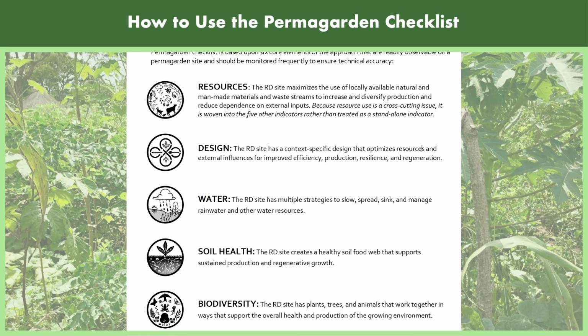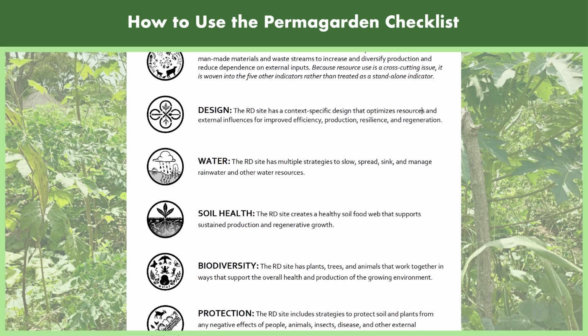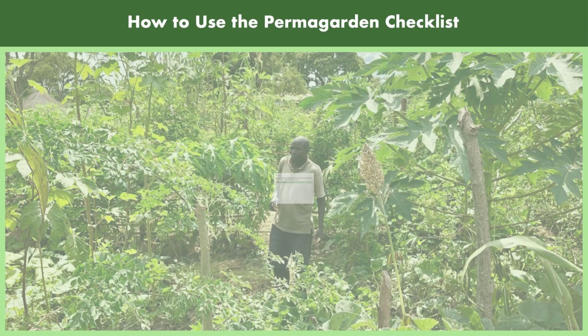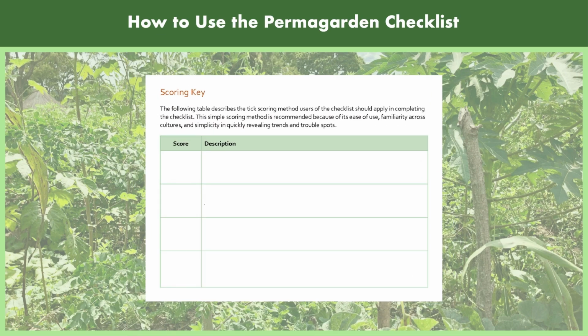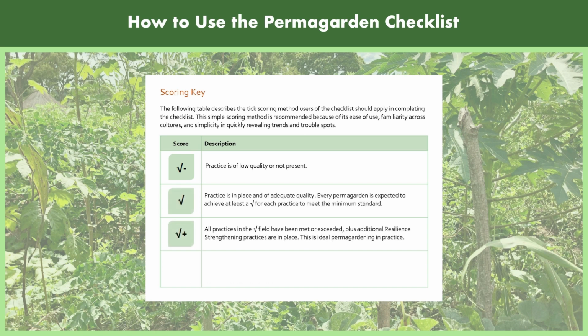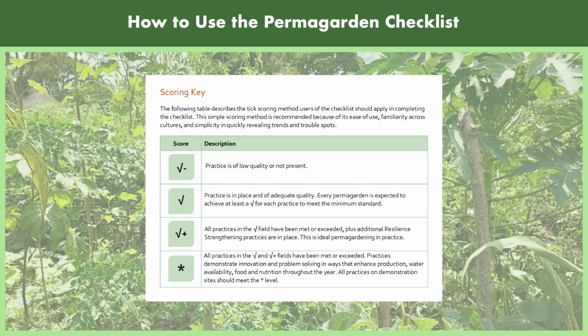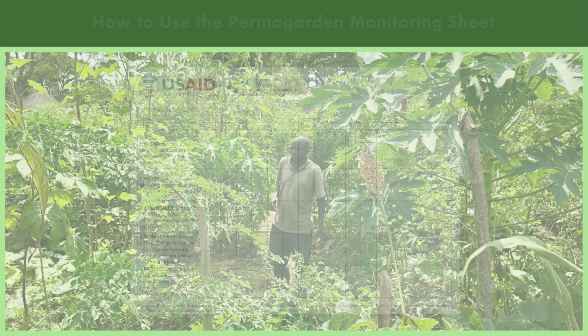Resources, design, water, soil health, biodiversity, and protection. The garden is assigned a score of either check minus, check, check plus, or star for each minimum standard, depending on the effectiveness and number of techniques that were found that satisfy that minimum standard.